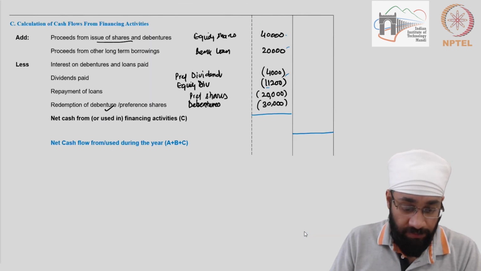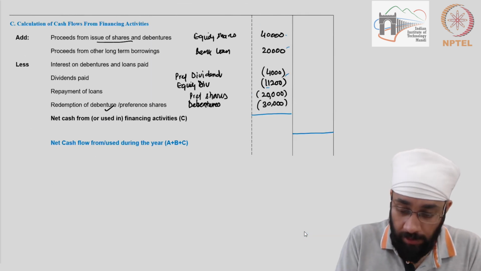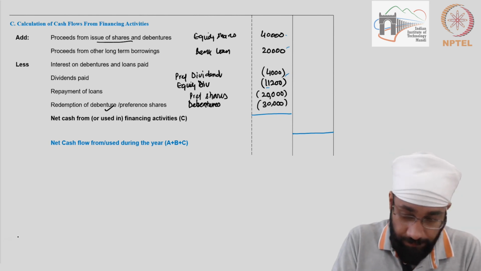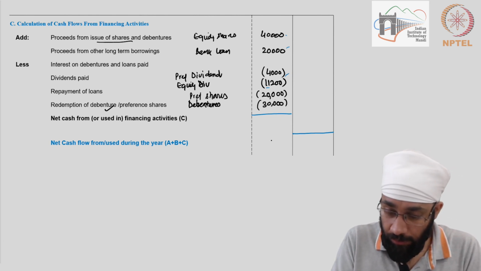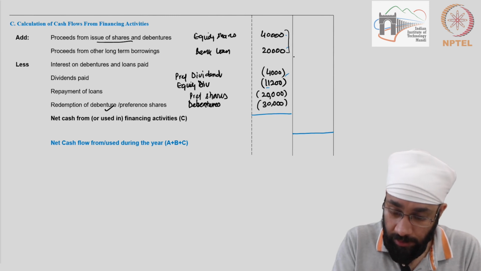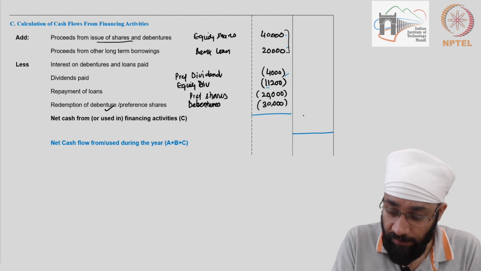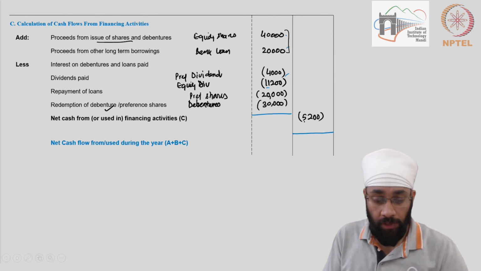Let's now go to the final section, and all we need to do is the summation here. So this comes out to be 60,000 and this is 65,200. You have 5,200 as the outflow.